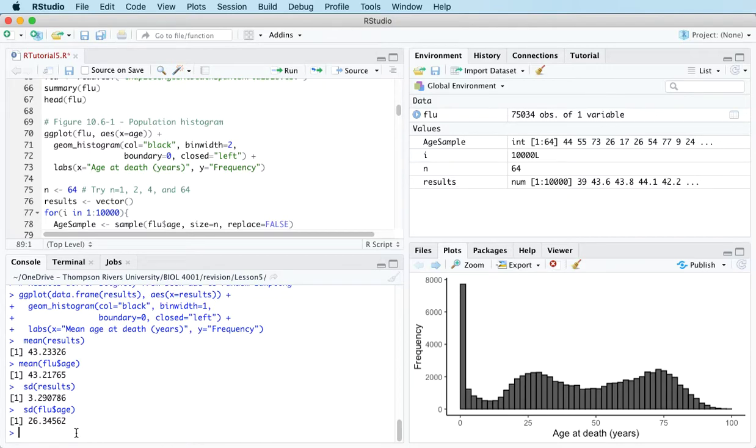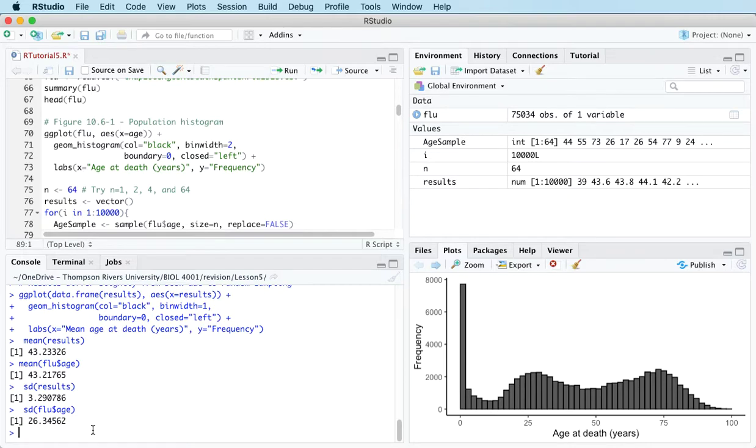The relationship is that the standard deviation of the sampling distribution of the sample means is given by the population standard deviation divided by the square root of the sample size. So that's the result here, and this quantity has a name.